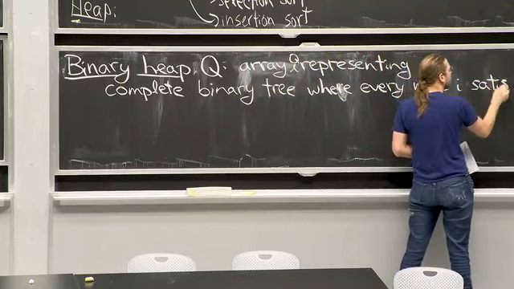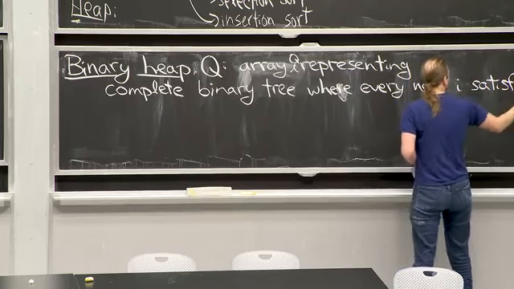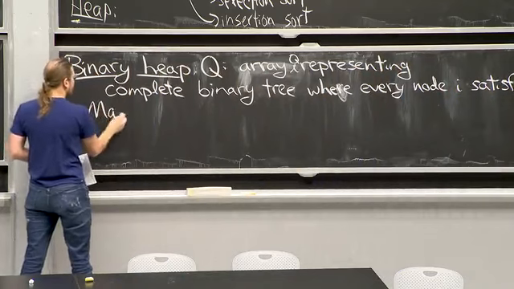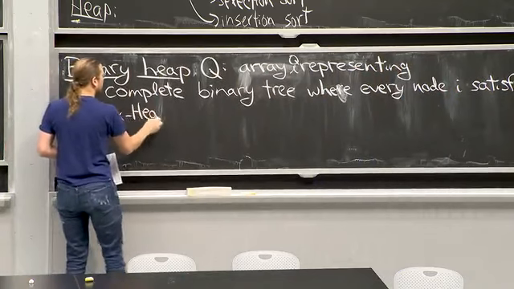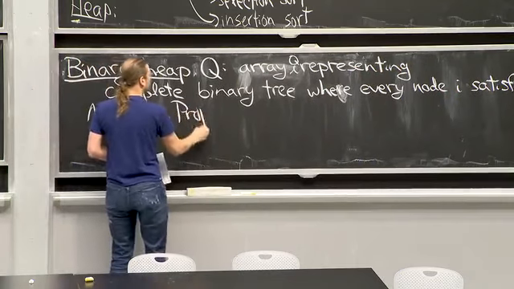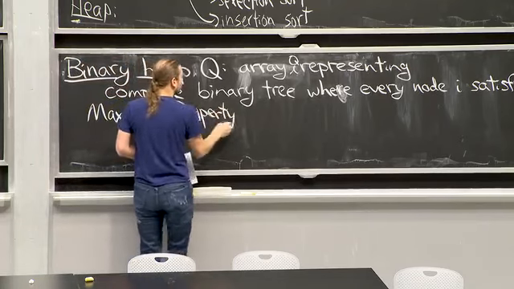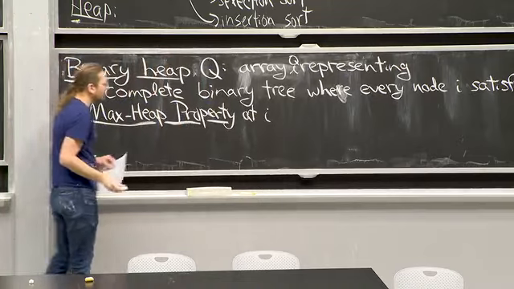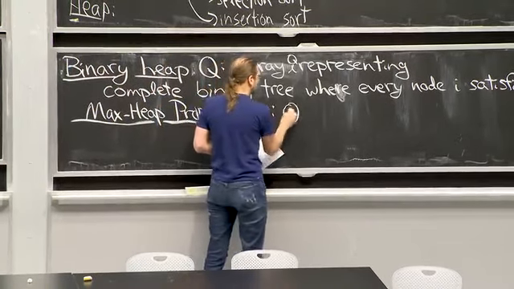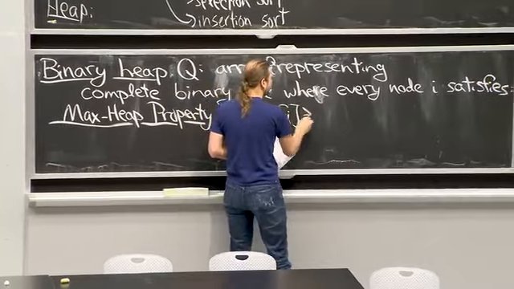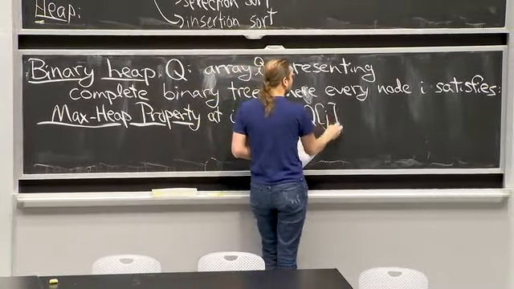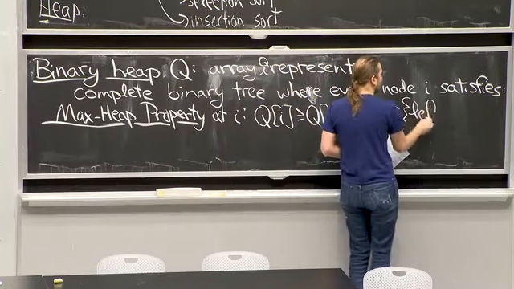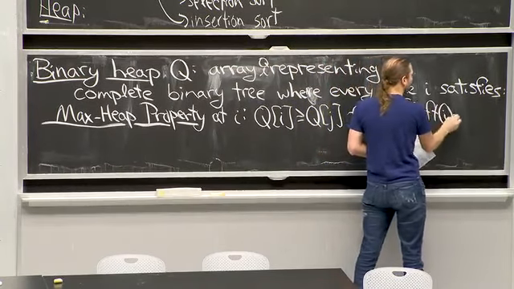And we want every node to satisfy the so-called max heap property, which says Q of i is greater than or equal to Q of j for both children j, left of i and right of i.